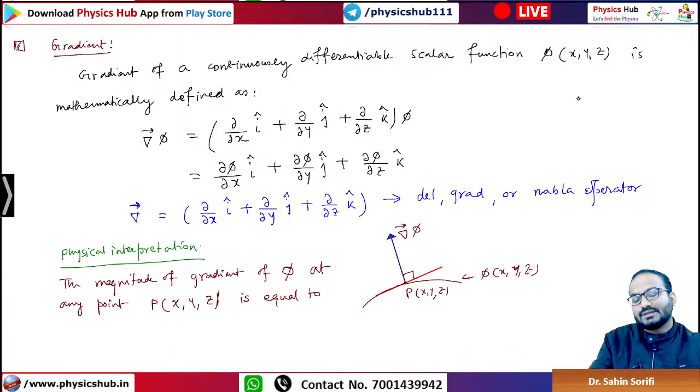If you have del x by del t, it means the time rate of change of x.